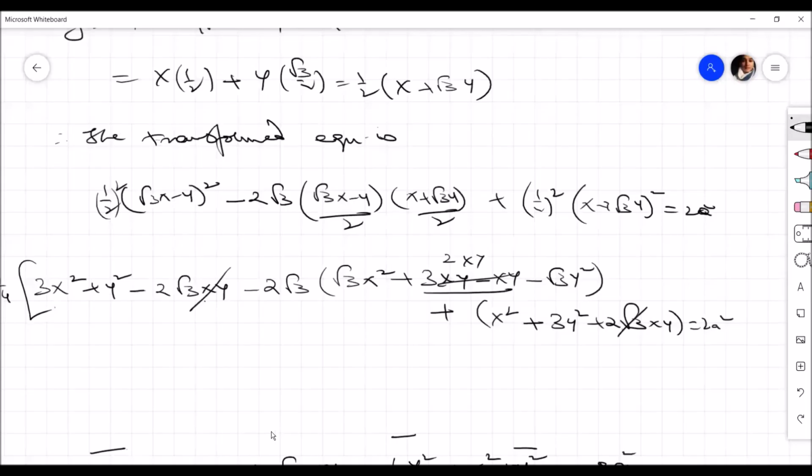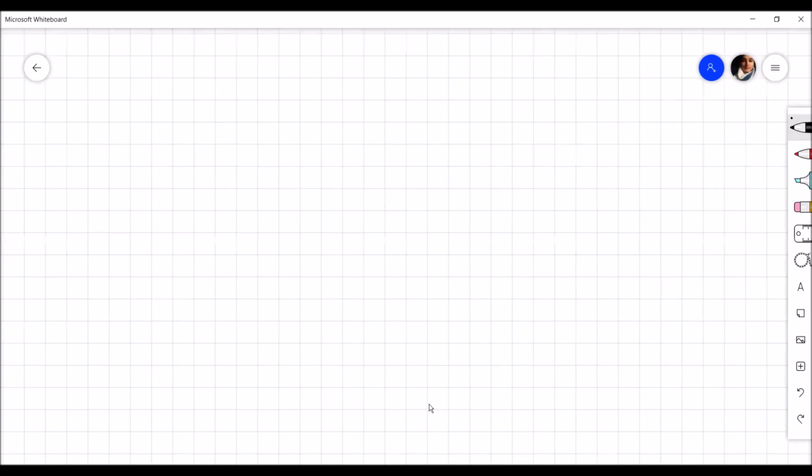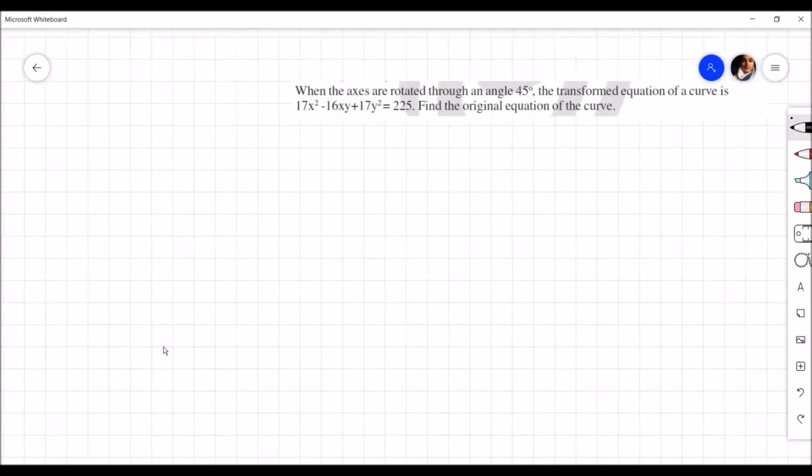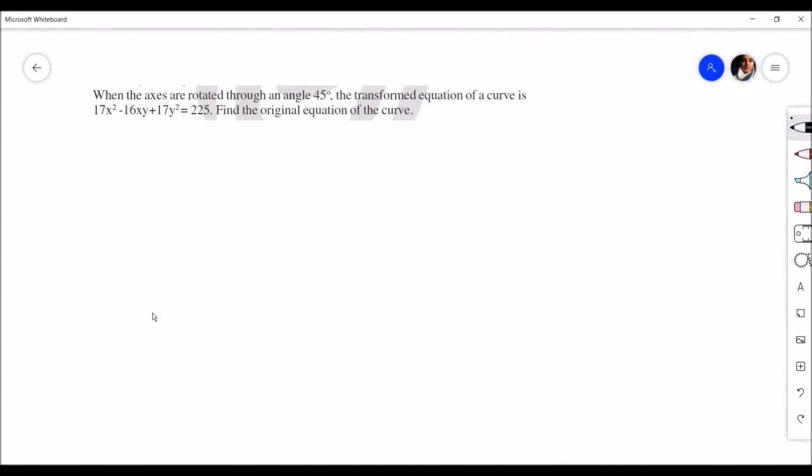So let's move on to the next problem. When the axes are rotated through an angle 45 degrees, the transformed equation of the curve is so and so. So clearly, as given in the question, this is the transformed equation, so I should convert it into the new equation. So quite simple problem again.